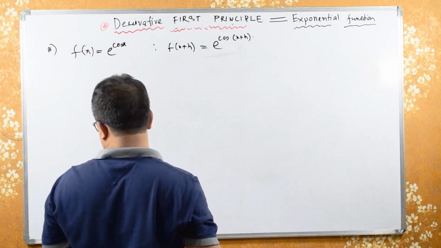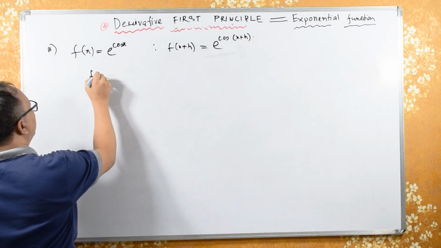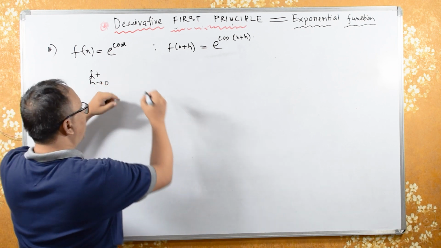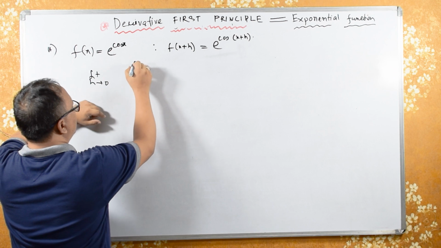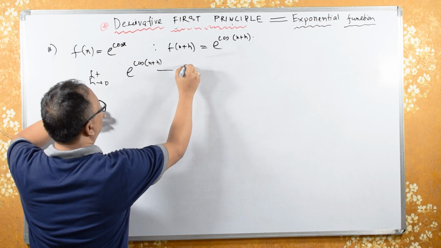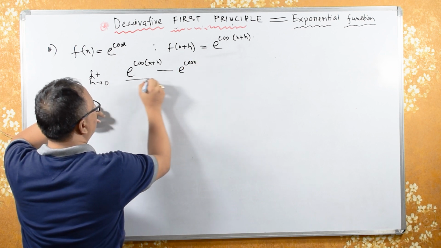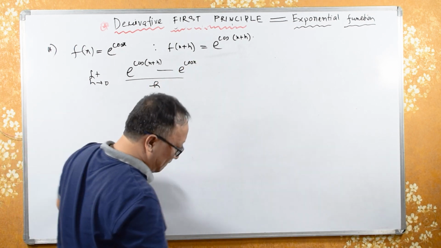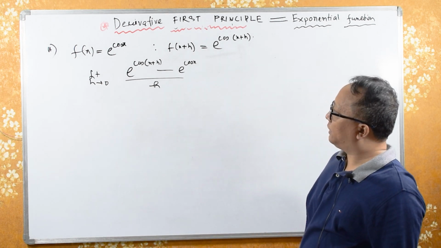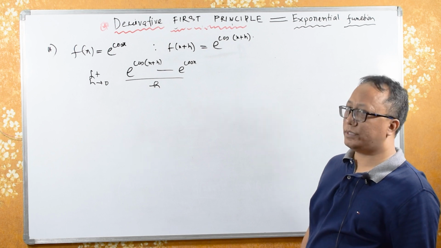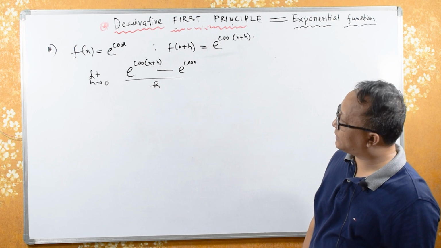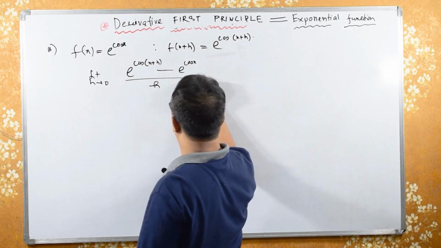Therefore, limit of h tends to 0, this is my f of x plus h: e raised to cos of x plus h minus e raised to cos x upon h. Now here, can you take e raised to cos x common? If I take it common from here, let's see what will happen.